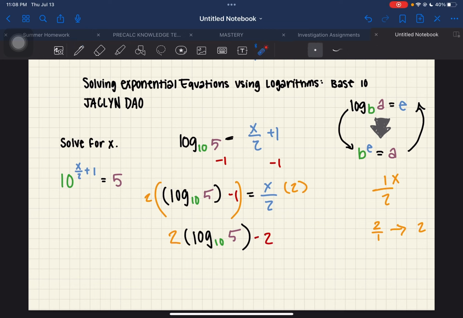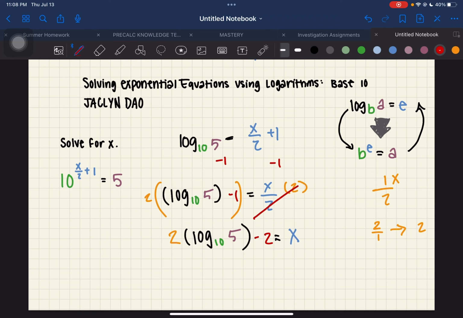Minus 2 because we've multiplied negative 1 by 2. A negative number times a positive number is a negative number, is equal to x. And x alone, because 2 over 1 times 1 over 2 just cancel out.